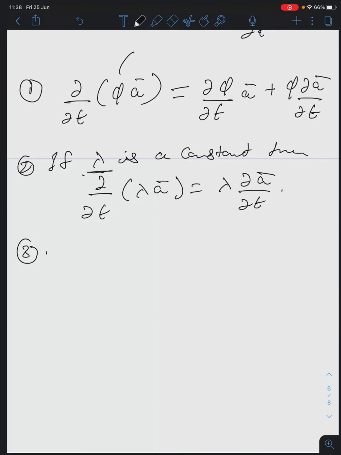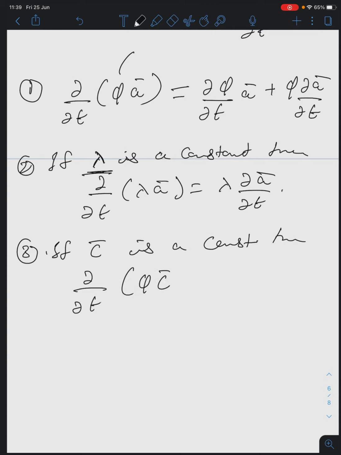Here lambda, without bar, means it's a real lambda I have taken, which is a constant. Now if I choose c bar as a constant, so this is a vector constant I'm choosing, then dou by dou t of phi c bar will be equal to c bar times dou phi by dou t.